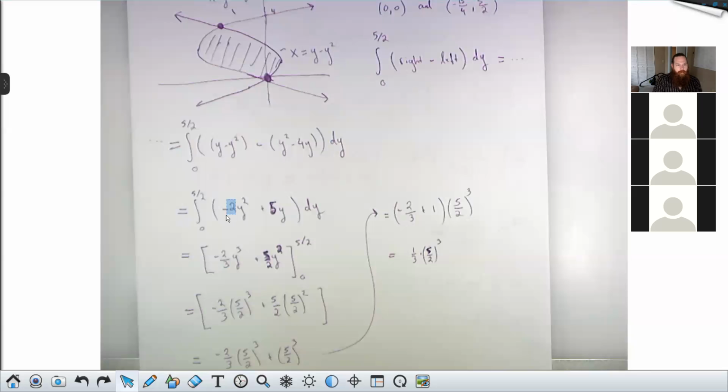The -2 comes along for the ride. And the same sort of thing happens here. I increase this power of y by 1, so it goes from y to the 1 up to y to the 2, but I also need to divide by that new power, and the 5 just comes along for the ride. Okay, so that was addressing an earlier question in chat.